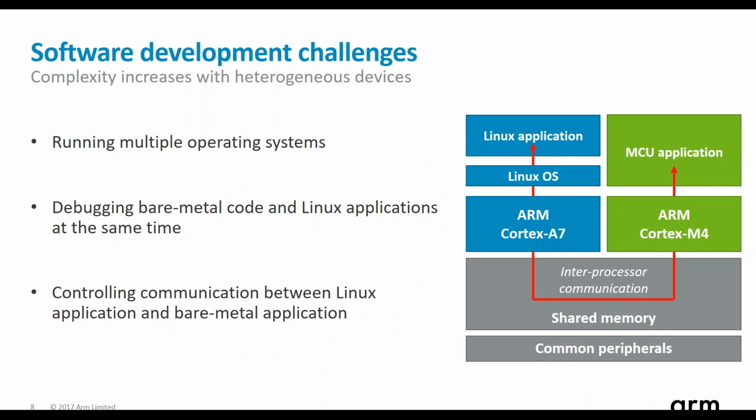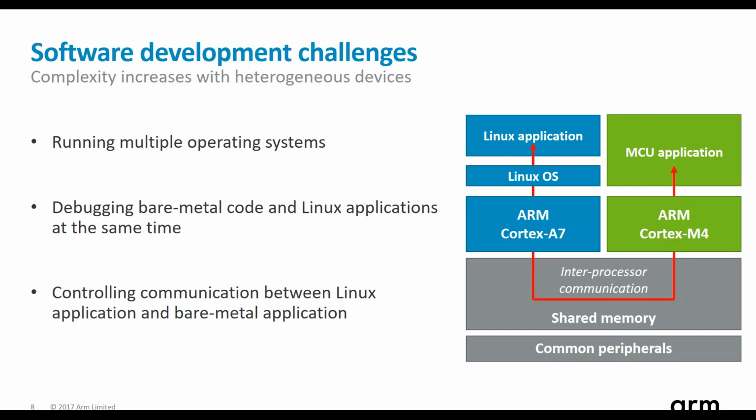So in terms of software challenges when developing software, we have, as I mentioned multiple times now, multiple operating systems running on the same device with just one debug connection. We need to debug bare metal code on the Cortex-M side. We normally have an RTOS, so FreeRTOS or RTX, running on the M4. At the same time, we need to look at the Linux application, which we might need to debug with a GDB server.